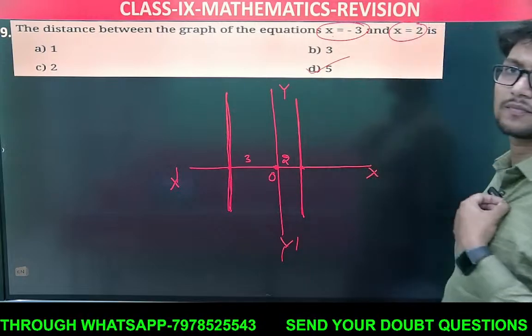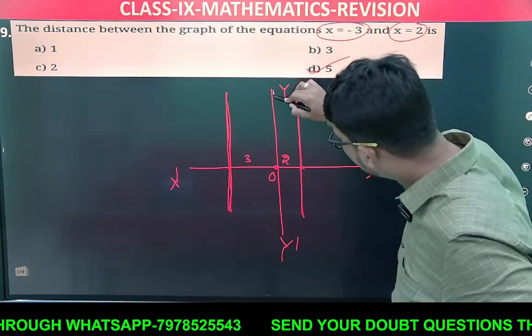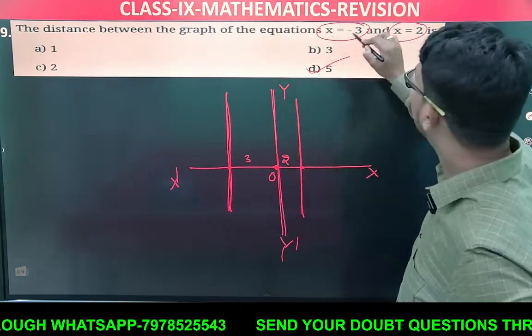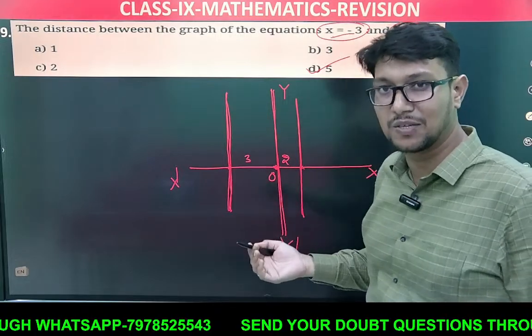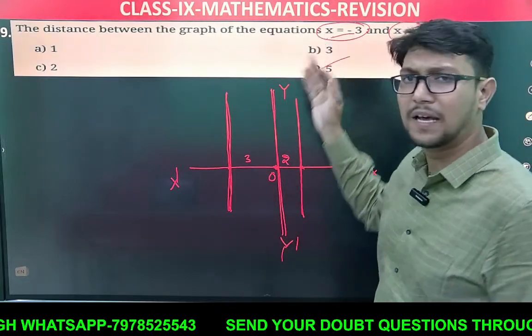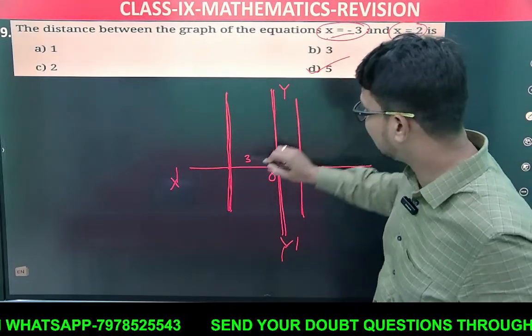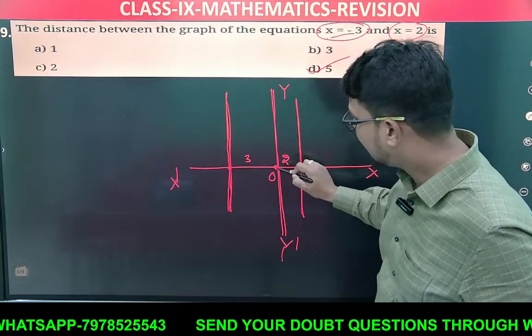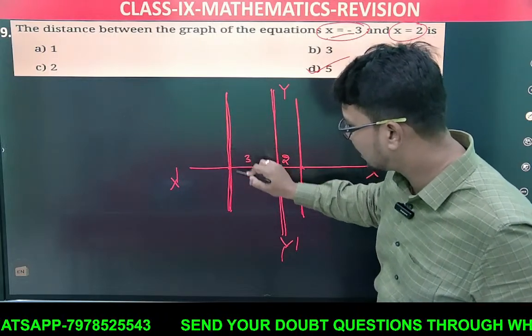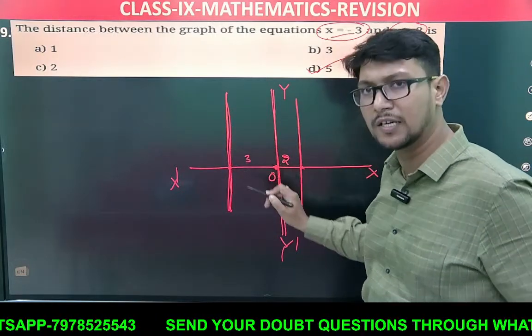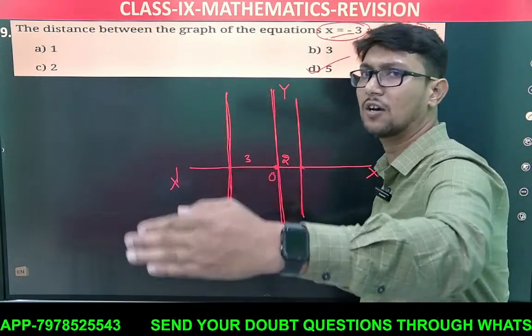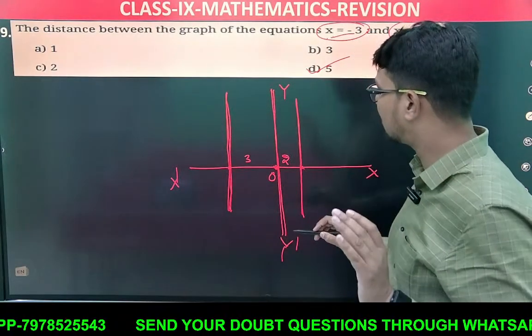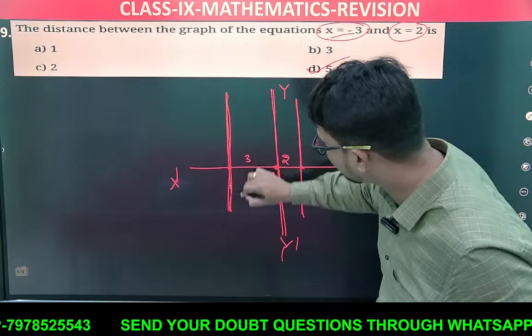5 unit. Check out how. Once again, this is the y-axis. x is constant, dear student. x constant means parallel to the y-axis, but x is -3, so it is situated at a distance of 3 unit towards the negative direction of the x-axis. Hence it is parallel.